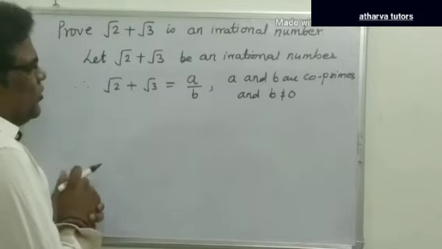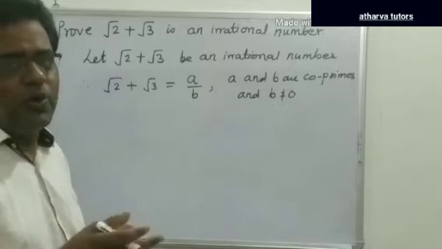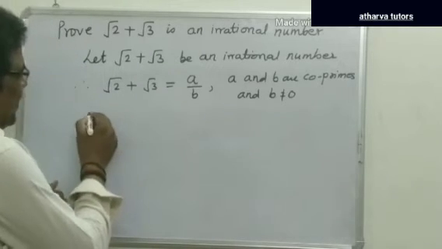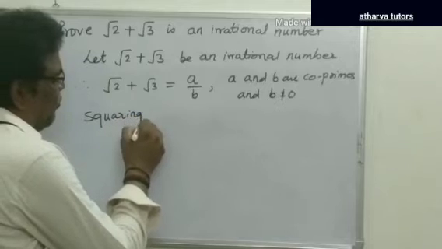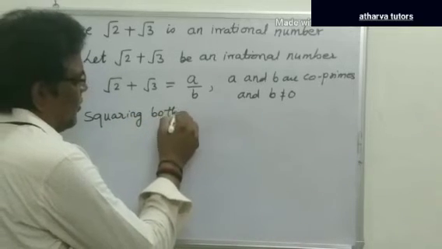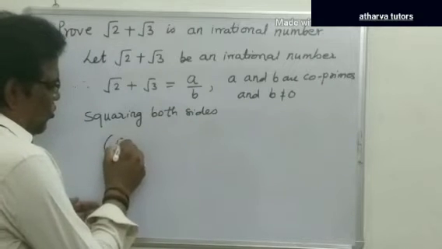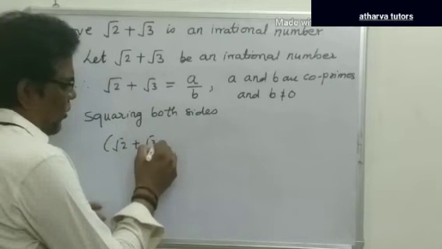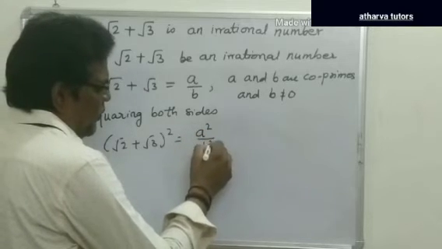Now what you can do is, if you square both sides, you can do this also. Squaring both sides, what do you get? You get (root 2 plus root 3) whole square equals a square upon b square.